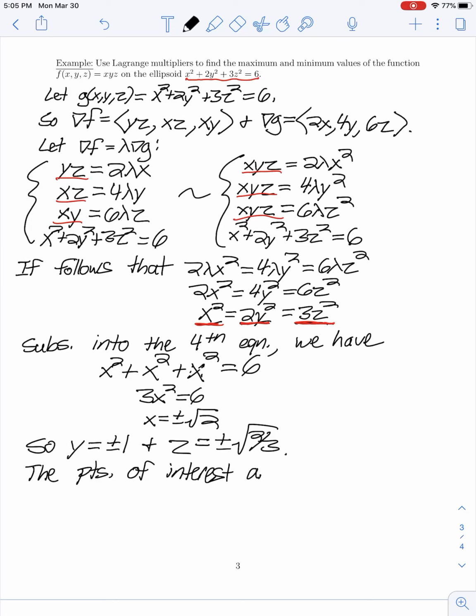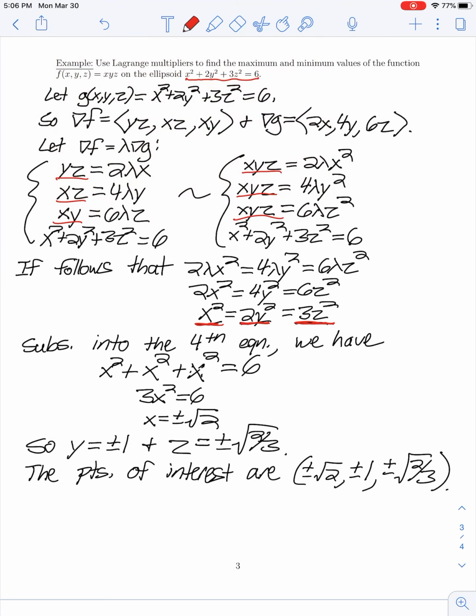So our points of interest in this example are the points x, y, z equal to plus or minus the square root of 2, plus or minus 1, and plus or minus the square root of 2/3.